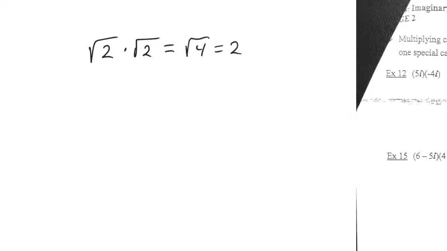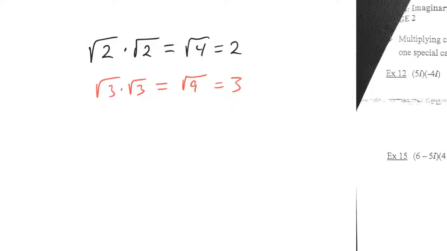That the square root of 2 times the square root of 2 is just 2. And so it follows that the square root of 3 times the square root of 3 is the square root of 9, which is 3, right? So the square root of 2 times the square root of 2 is 2. The square root of 3 times the square root of 3 is 3, and so on.